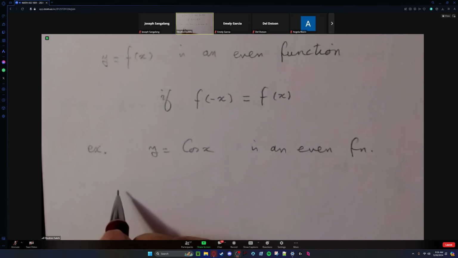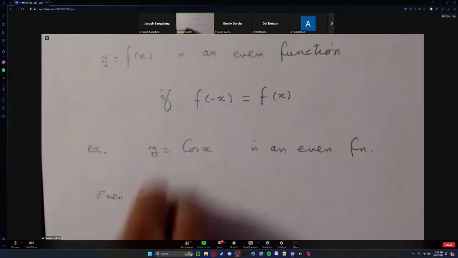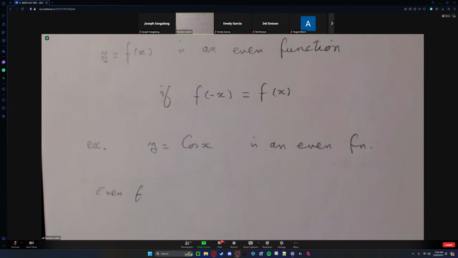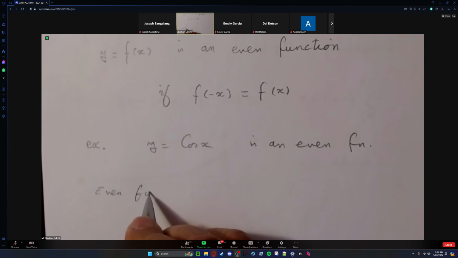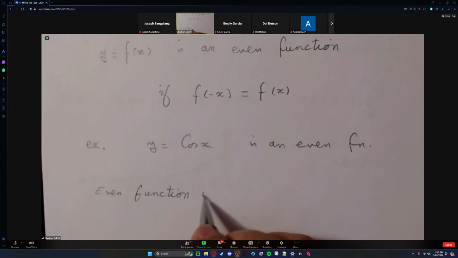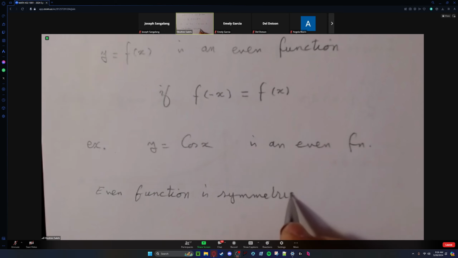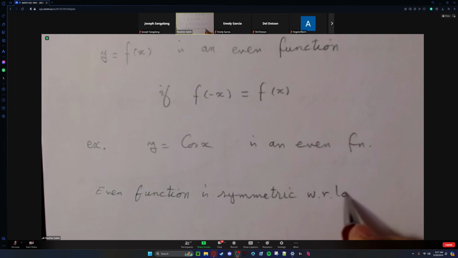So in general, graph-wise, the picture of an even function is symmetric with respect to the y-axis.